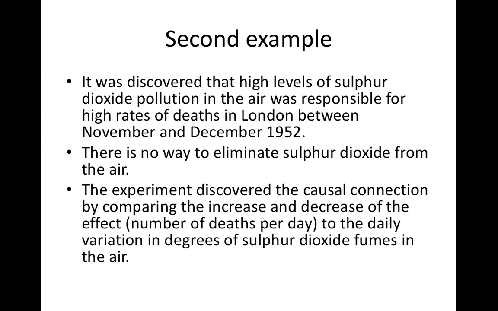So every day you count the number of people who died and also measure the degree of sulfur dioxide in the air. And then you see from one day to another the degree of sulfur dioxide that causes deaths. You also see the level that doesn't cause deaths. So that's concomitant variation.